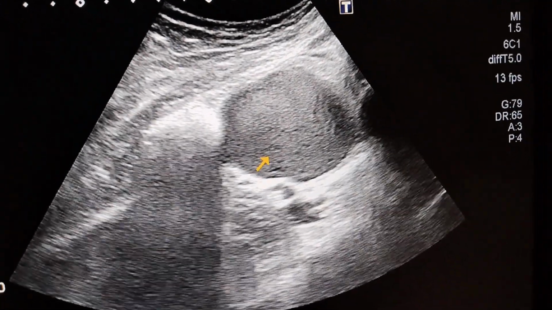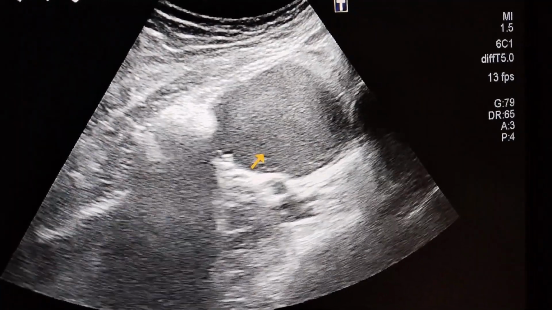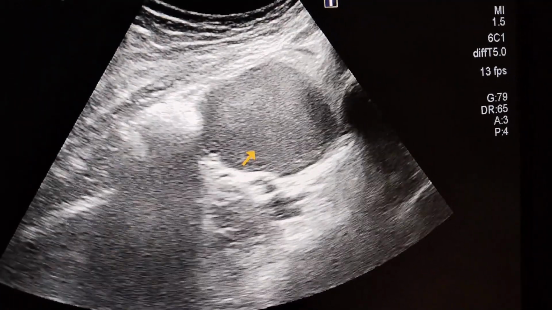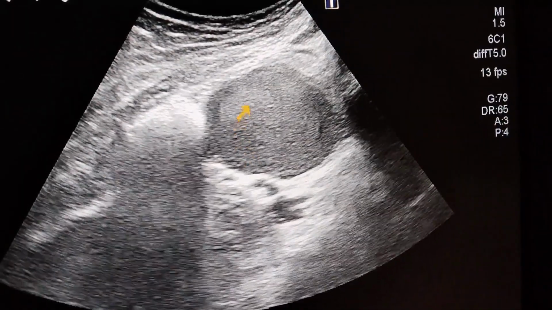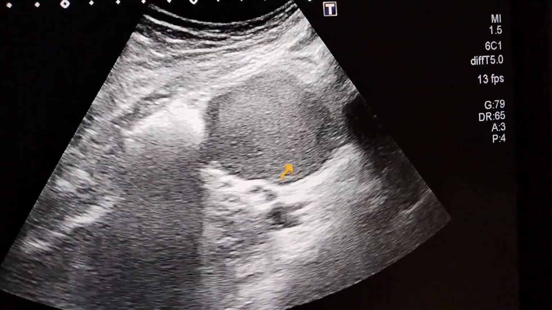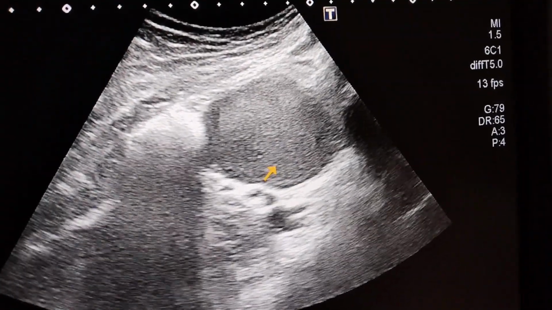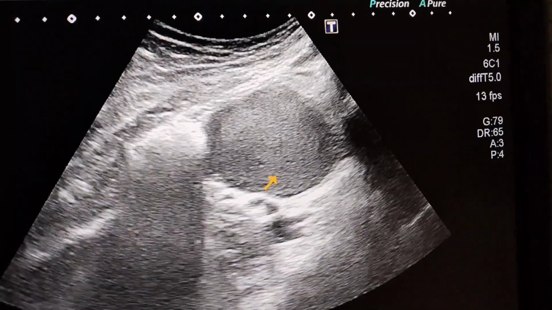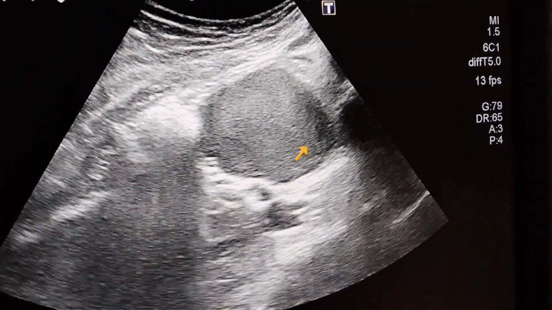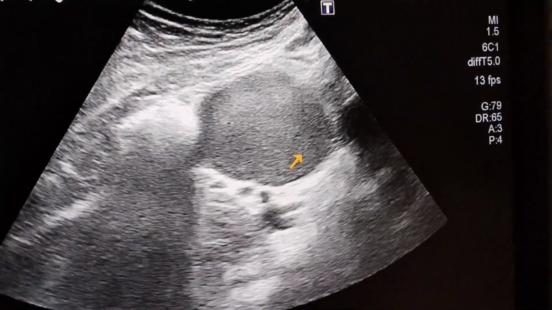So due to these thick altered old products which occur due to the breakdown of blood, they adopt this feature which we call diffuse low-level internal echoes, giving the classical ground glass appearance. So for this reason, this is called endometrioma.